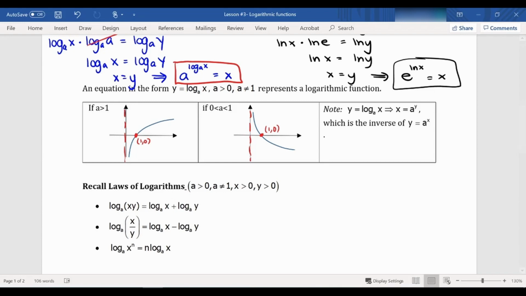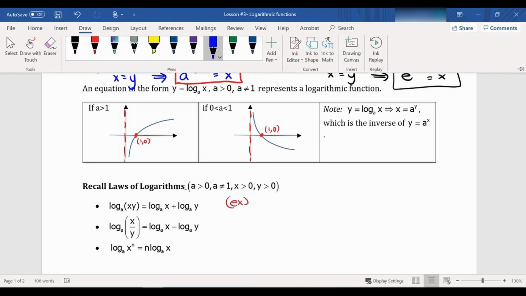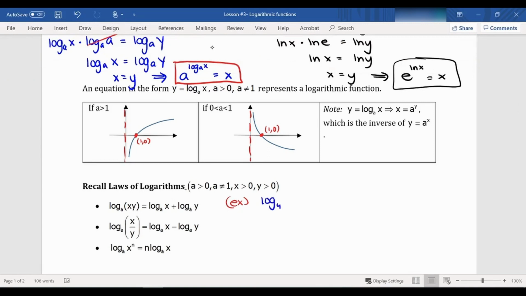So for example, if I had log base 4 of, let's say, x times, I don't know, x minus 1, this would be log base 4 of x plus log base 4 of x minus 1.